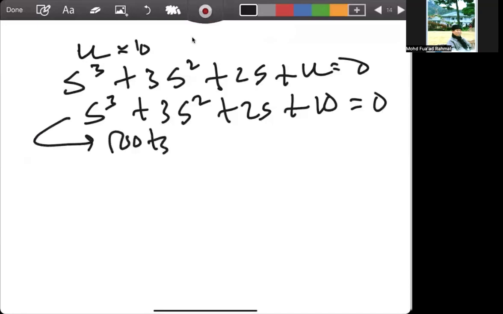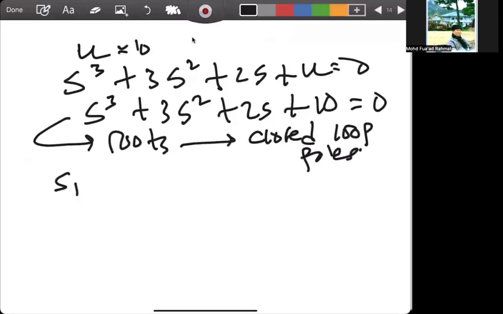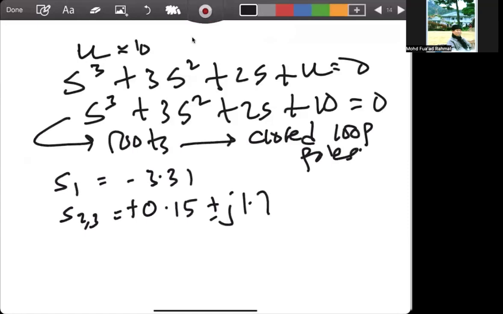Find the roots using your calculator, or we call them closed loop poles. So the values will be 0.15 positive plus minus j1.73.